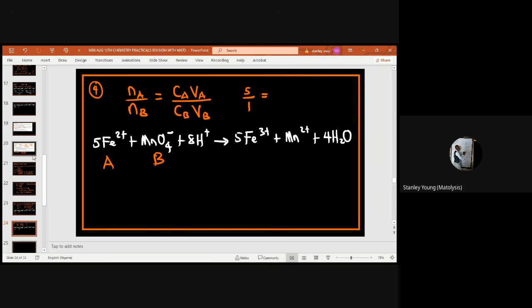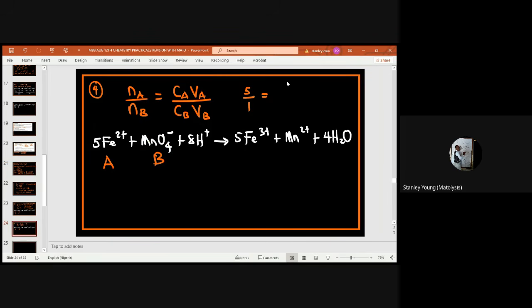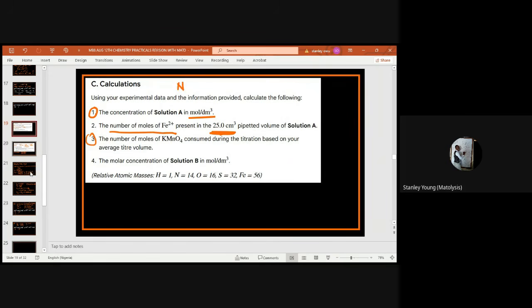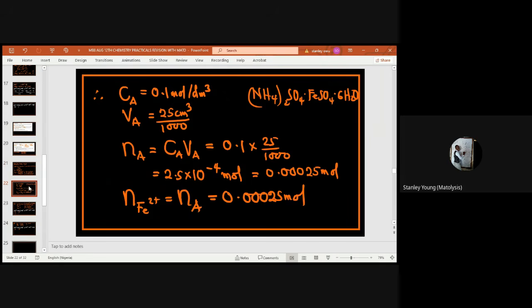What do we have as CA? We calculated CA earlier as 0.1 mole per dm cube. So 0.1 mole per dm cube times VA. What was the volume of A? Let me go backward so that you can see. Volume of A was the volume of the pipette, which was 25.